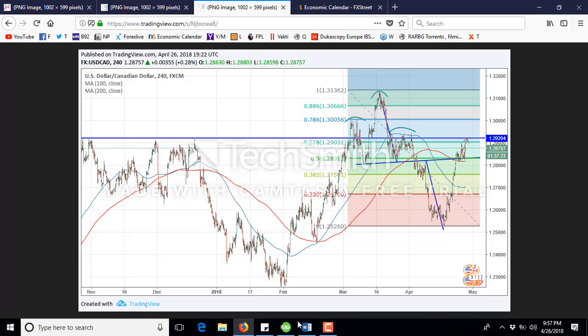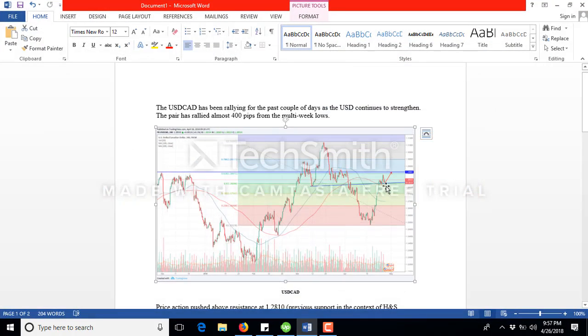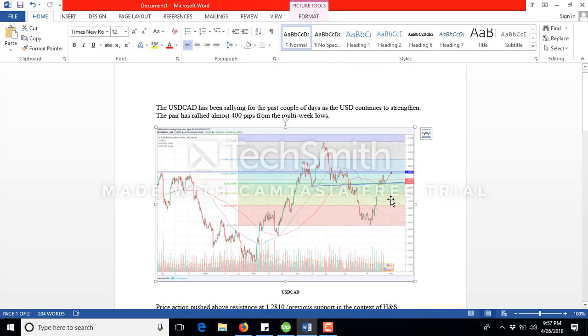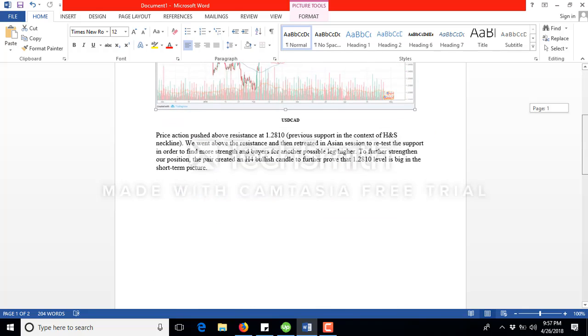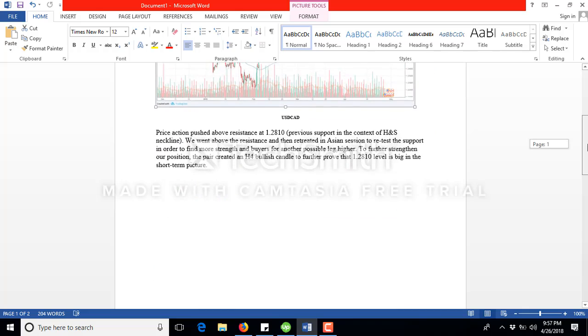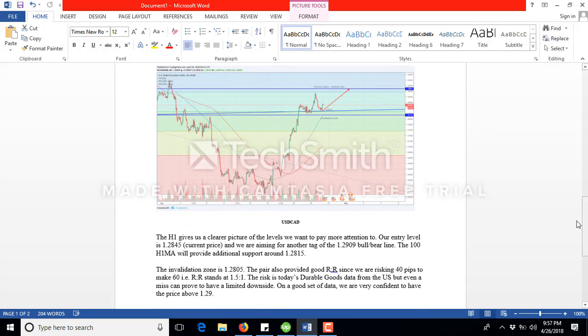So what happened is that when we closed the H4 chart, I'm sorry, time frame, we actually started moving higher, and I sent out a note explaining what I just explained to you here, and this is obviously the H1 chart.